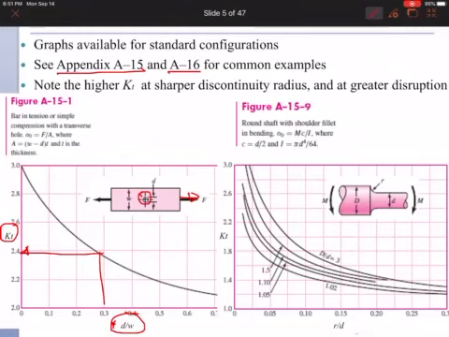The same with the second figure, where we have a shaft with a change in diameter, but this shaft is subject to bending moment. Okay, so you need two ratios. You need larger diameter by smaller diameter, and you need r by d. r is this one, that fillet radius.